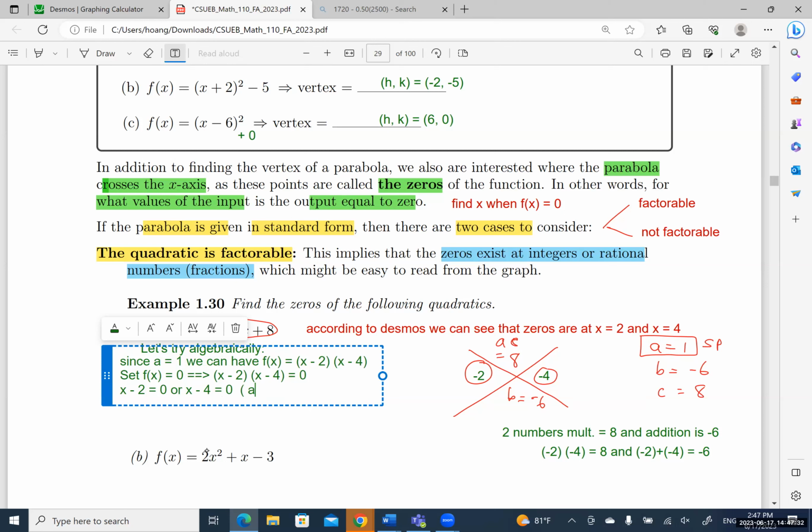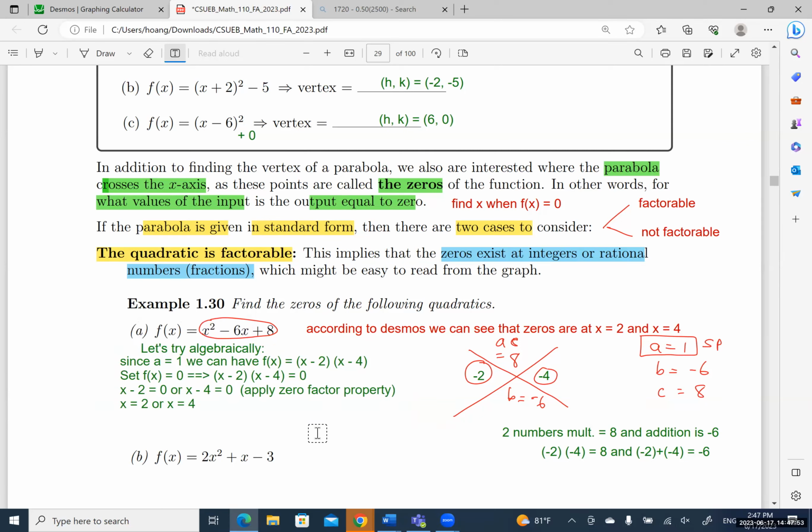We apply the zero factor property. So x minus 2 equals 0 makes x equal to 2, or x equal to 4.